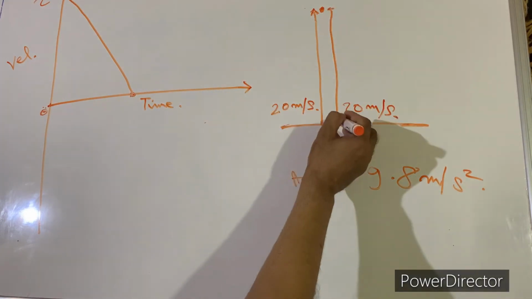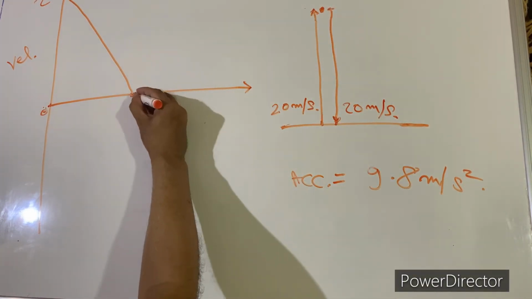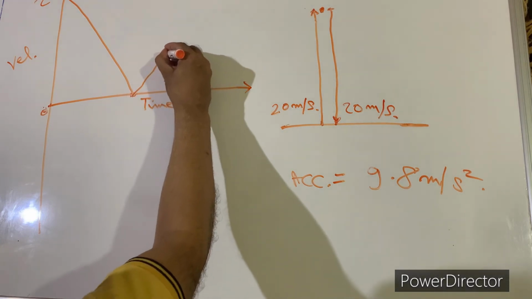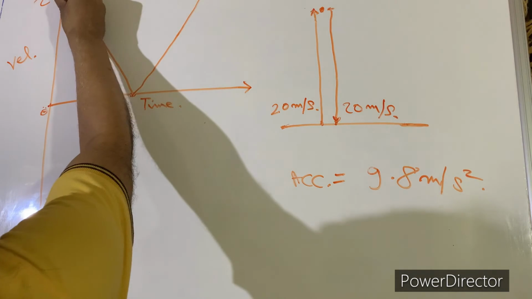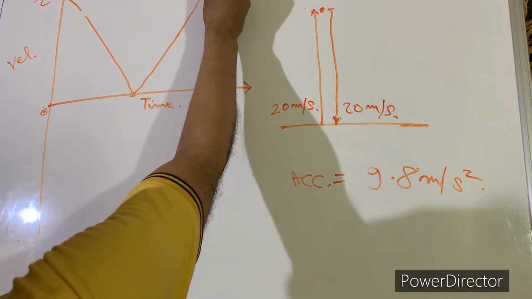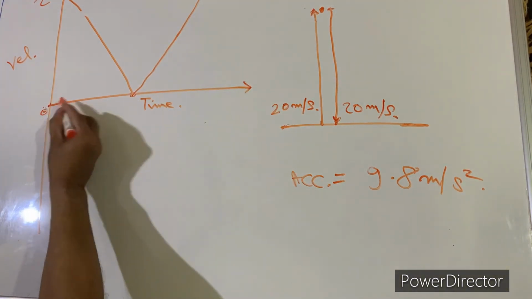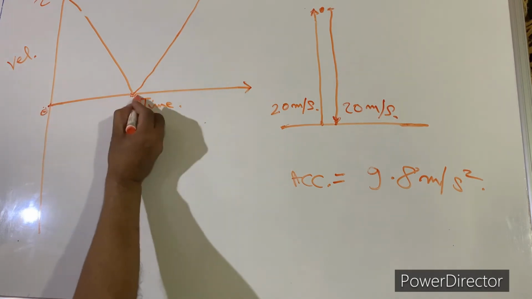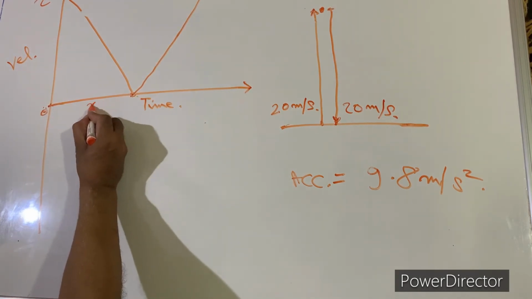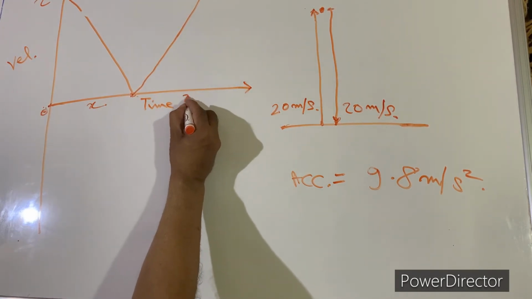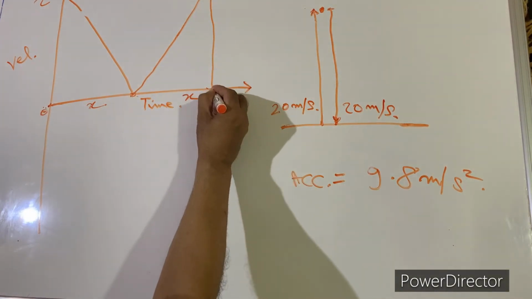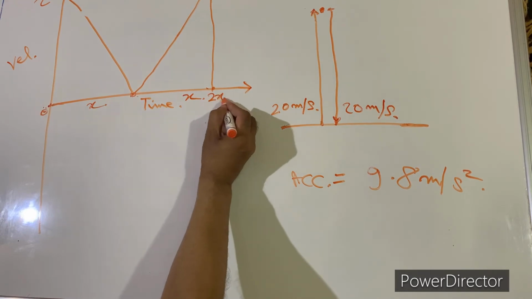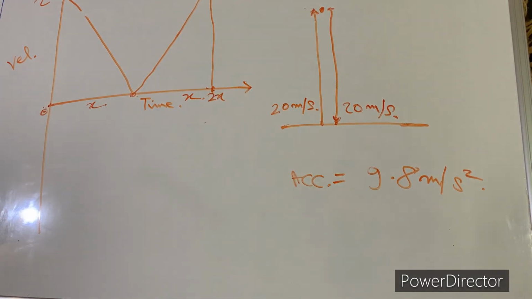While coming down, the velocity of the body will increase, and it will reach 20 at the same time interval from here to here. Suppose this distance was x and this distance too will be x. Hence this point is 2x.